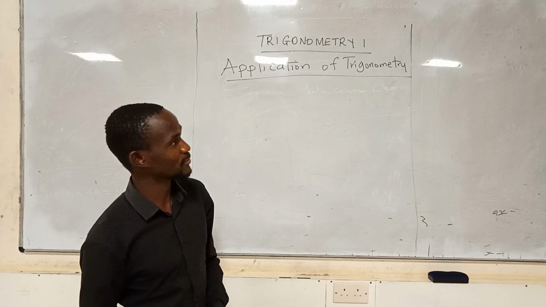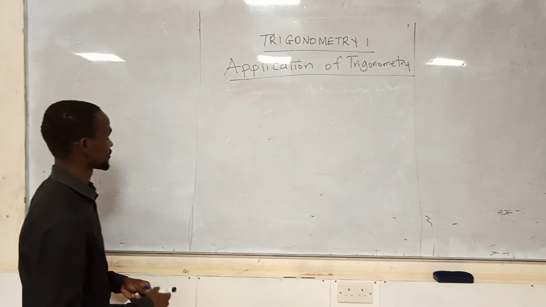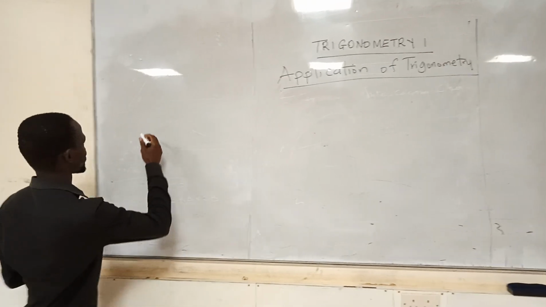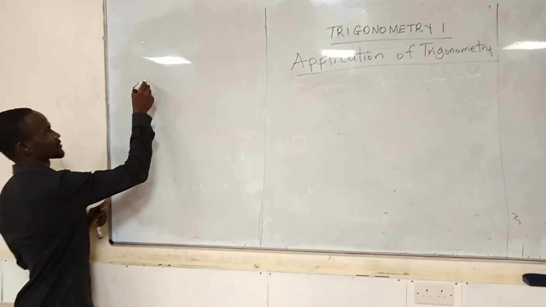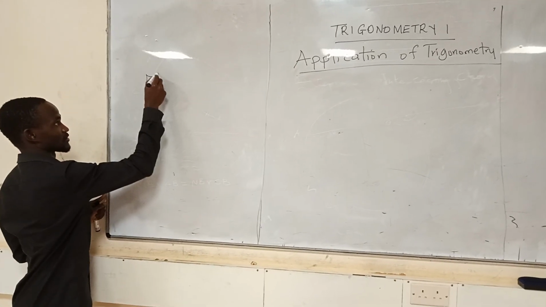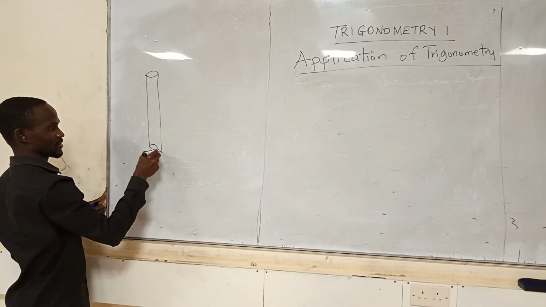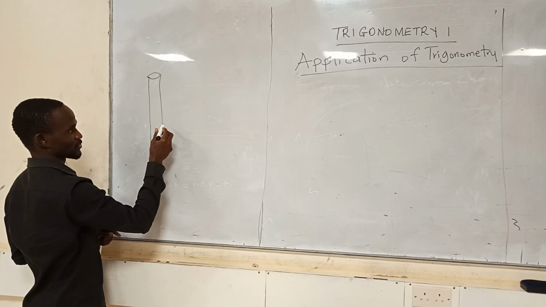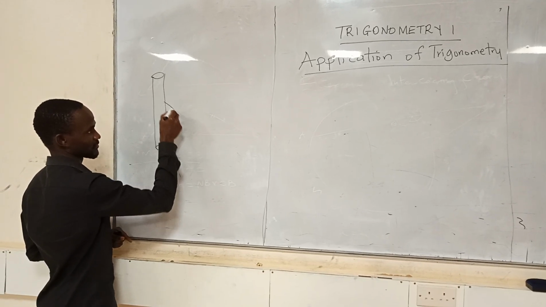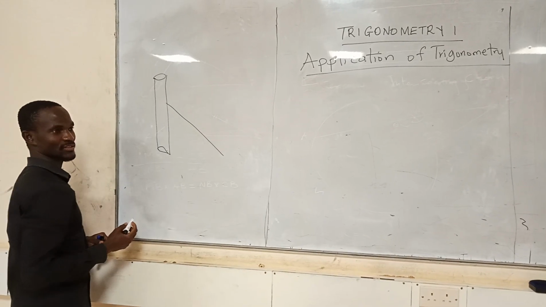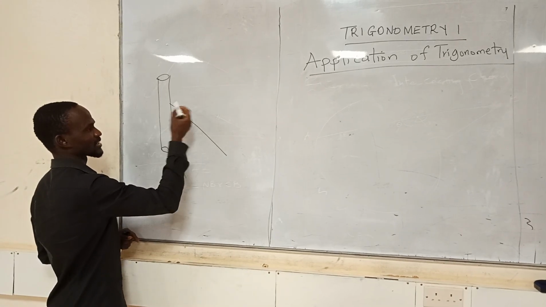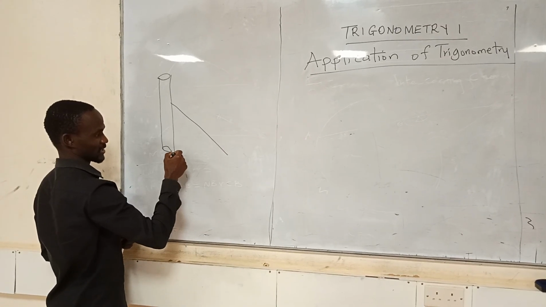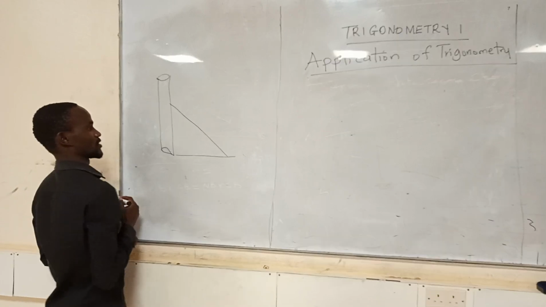Now, for example, sometimes you can see maybe there is an electricity pole, and sometimes you see there is a supporting wire. It is supporting that particular pole.